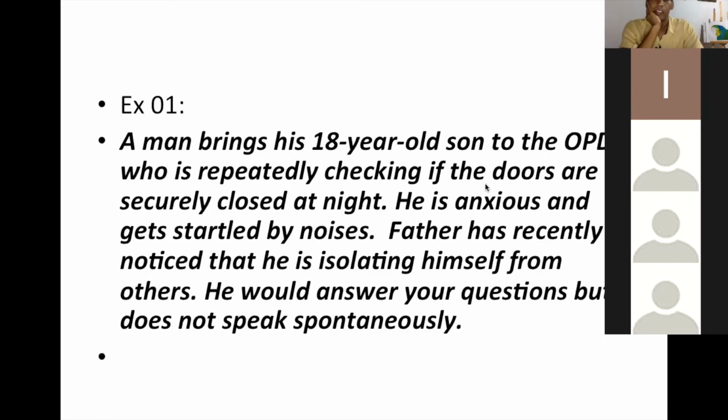Let's say I consider psychosis because this repeated checking of the doors is quite characteristic of obsessive compulsive disorder, but we don't know. We only have this observation. We don't know what's going on inside the patient's mind. With one observation, we can't diagnose OCD. We can think of the possibility of OCD, but if I am psychotic, if I had paranoid delusions that someone would come to kill me, won't I behave in the same manner?